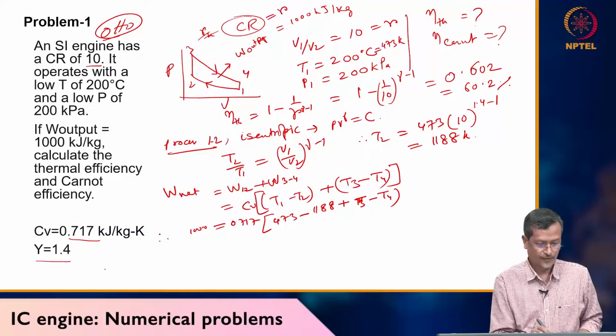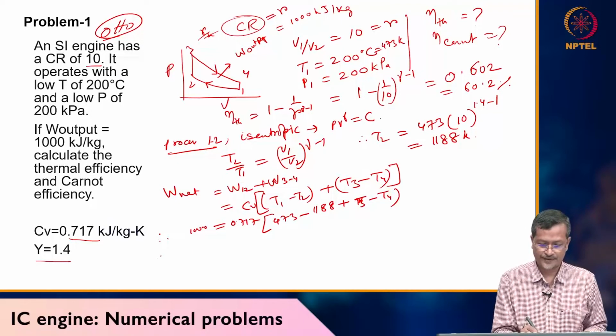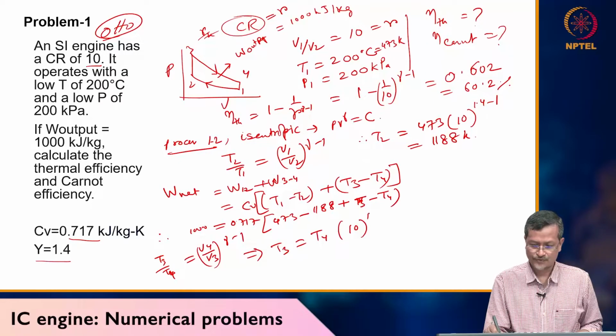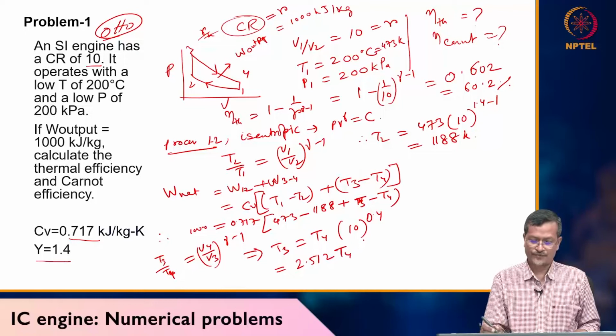Now T3 by T4 equals (V4 by V3) to the power gamma minus 1. This gives T3 equals T4 times 10 to the power 0.4, equals 2.512 T4. So we got this in terms of T4.